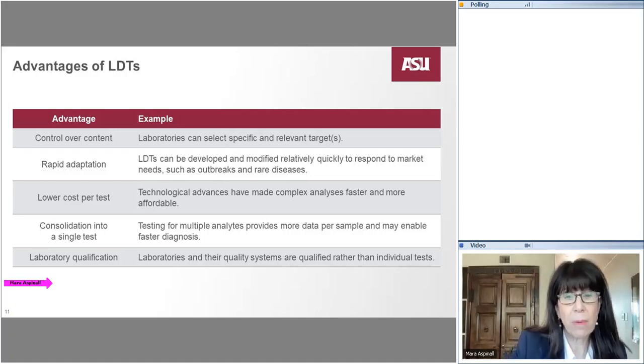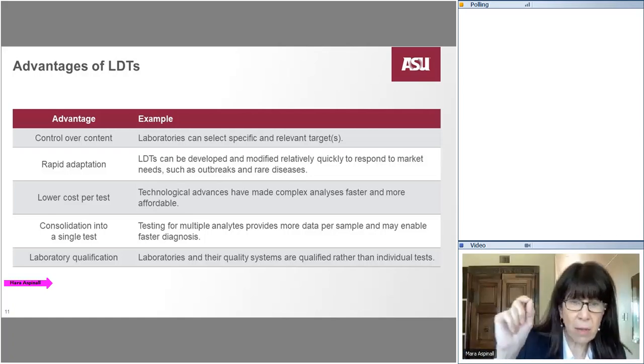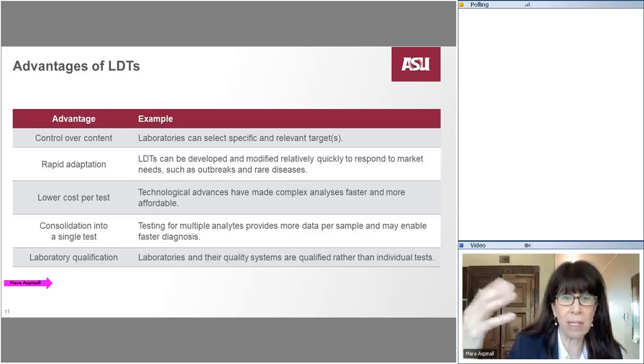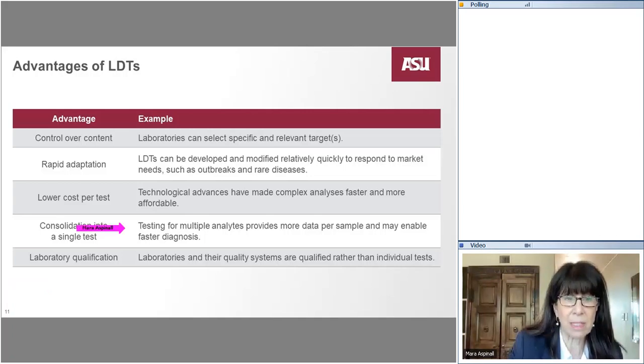But for the most part, you're buying the individual pieces of it, the equipment, the reagents, and you're putting it together. The cost comes in the labor that happens in your lab, the R&D, etc., not typically in the pieces you're buying from outside. Next, consolidating into a single test. And this is connected to control over content right there.